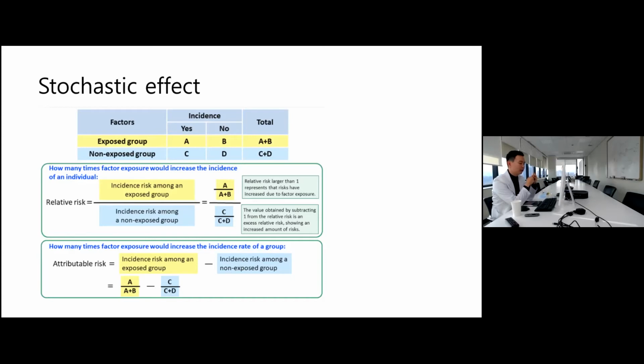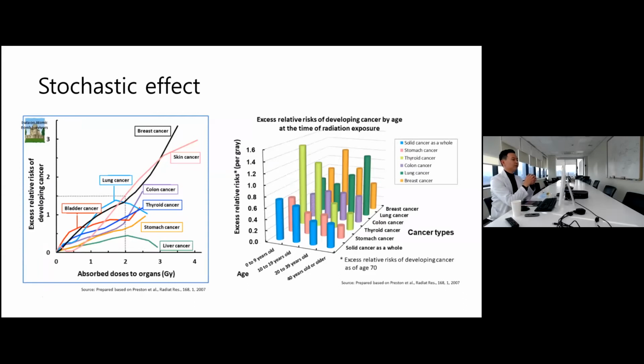However, attributable risk represents how much a certain factor increases the incidence or mortality rate of a group. So it focuses not on the individual, but on the increase in the number of patients in a group. So they have different meanings.